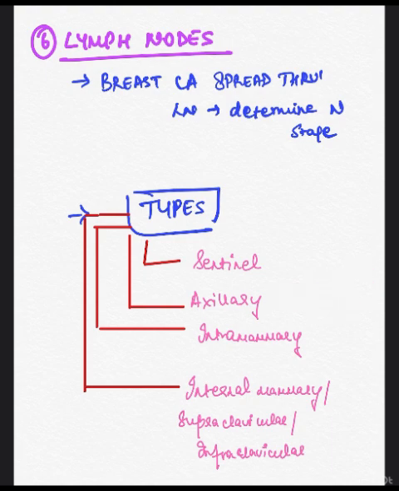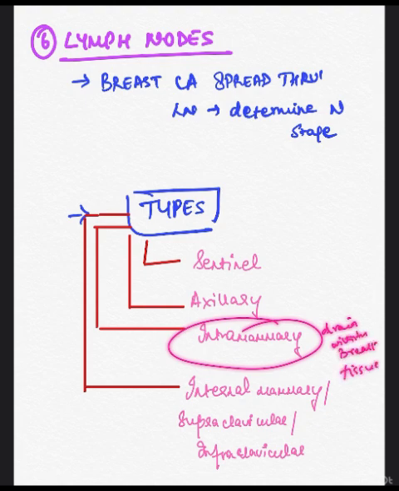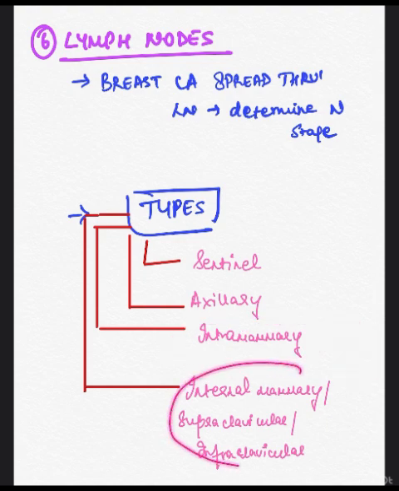The next is the intramammary lymph node, and these lymph nodes drain within the breast tissue. The next are the internal mammary, supraclavicular or infraclavicular lymph nodes, and these are less commonly removed.